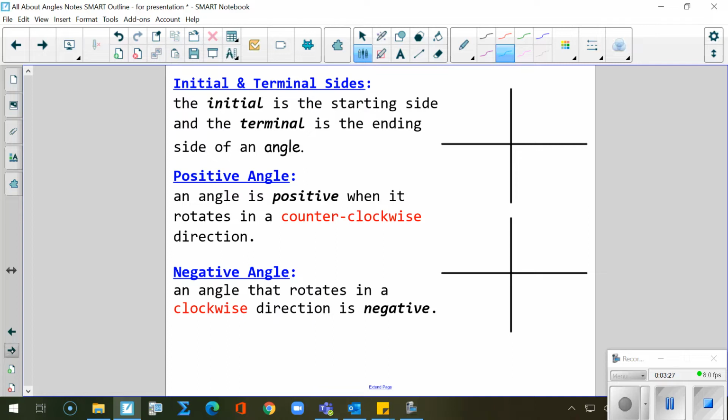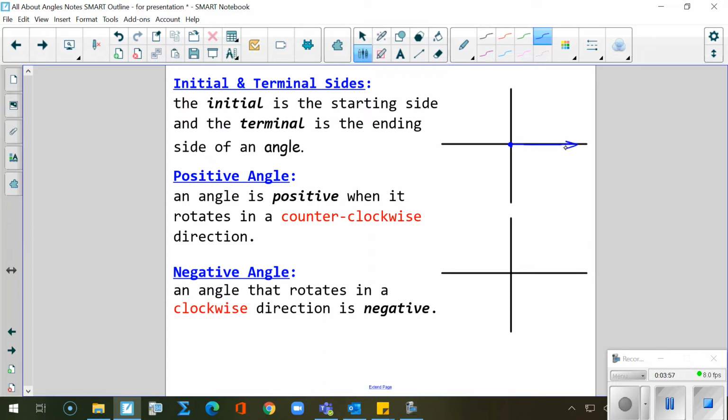Once again, the initial side and terminal side are important. The initial side is always on the positive x-axis, and the terminal side is the ending side of an angle. We saw that on the previous slide. We're going to see in trigonometry, unlike geometry, that we have both positive angles and negative angles. Trigonometry is based on rotation.